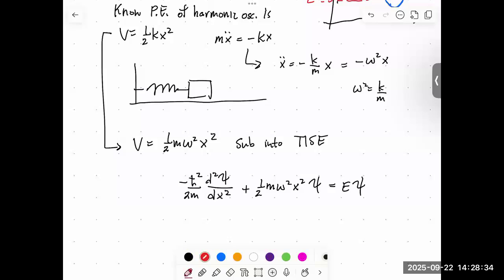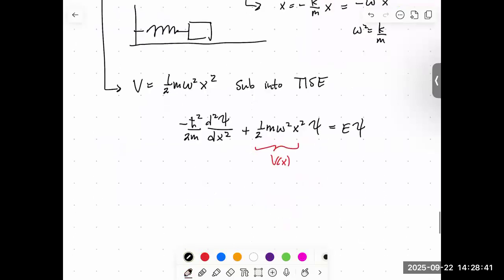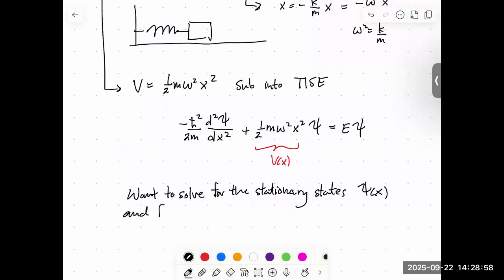And so this is our V of x. All right, good. So what we really would like to do is solve for the stationary states psi of x and find the energy of each of those states.